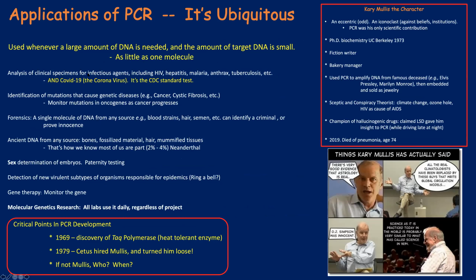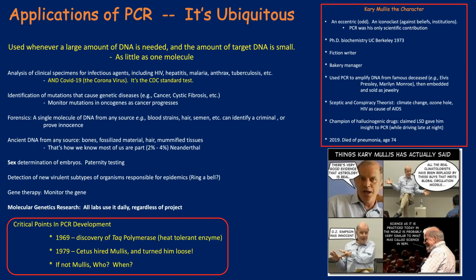So for analysis of clinical specimens, for example, the coronavirus and COVID-19. In fact, PCR is the basis for the standard test that CDC uses. If you go to some place and get tested for coronavirus, your sample is tested with PCR.